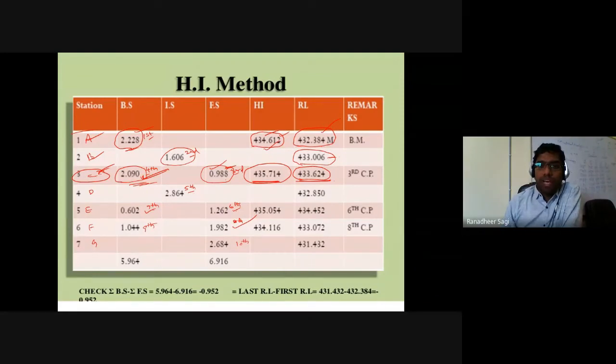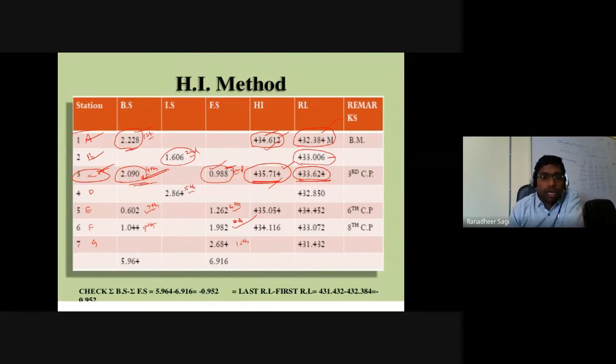So RL value of point C is 433.624 plus the backsight reading at that point C position is 2.090 meters. So 433.624 plus 2.090 gives you 435.714. So the height of instrument with regard to the second location is known.